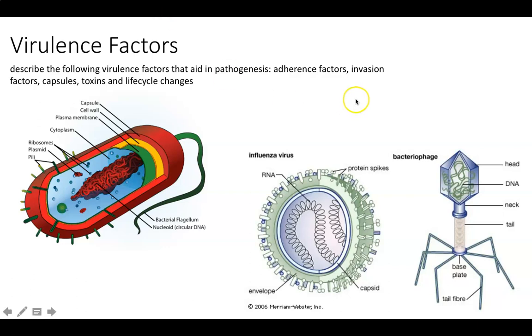So we've spoken about adherence, like the ability for a bacteria or a virus to be able to actually cling or stick to its invading tissue. It helps that invasion factors include like its ability to not be recognized by the body's immune system.